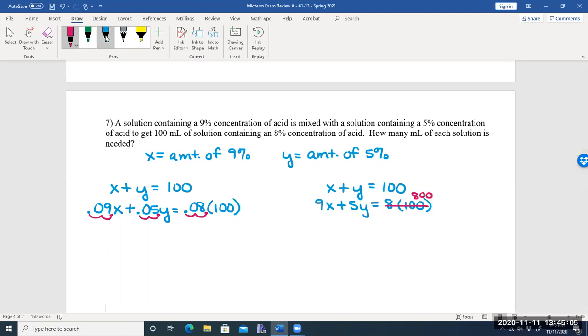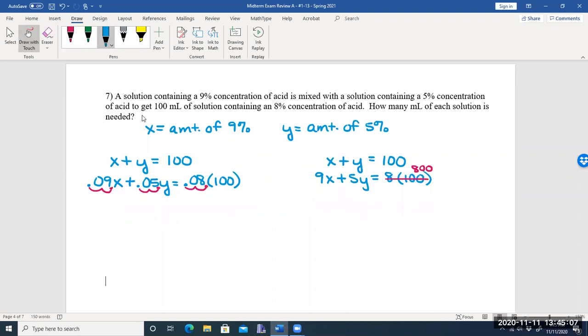Okay, now to solve our system. To solve our system, I am going to multiply the first equation, both sides, by negative, I could pick either -9 or -5. How about -9? Why not?